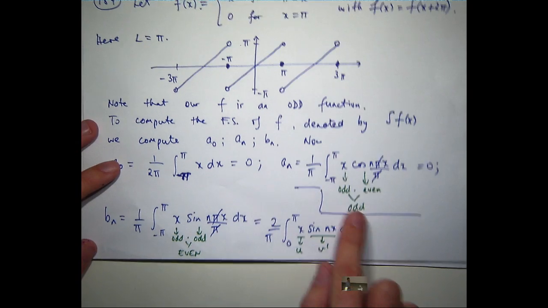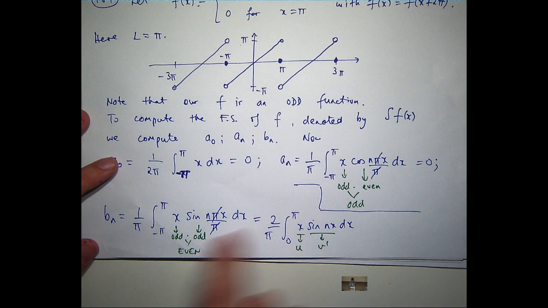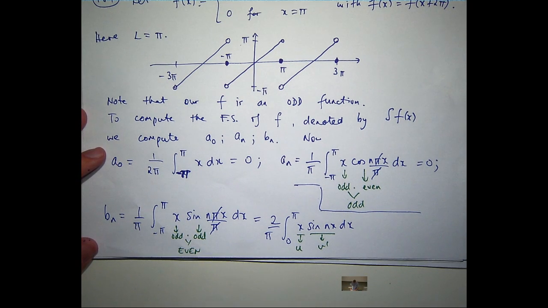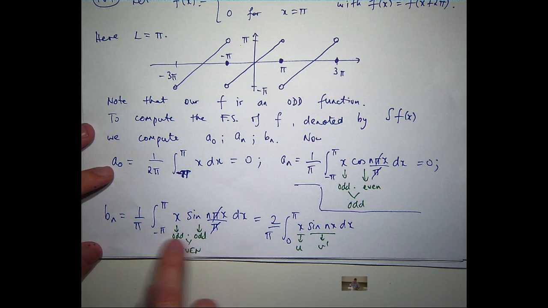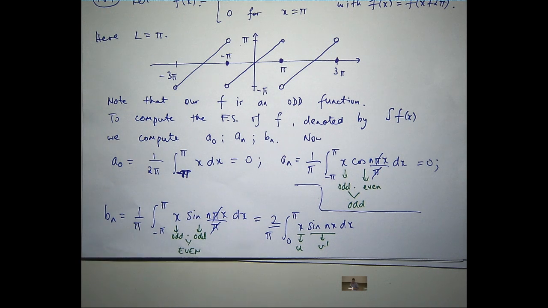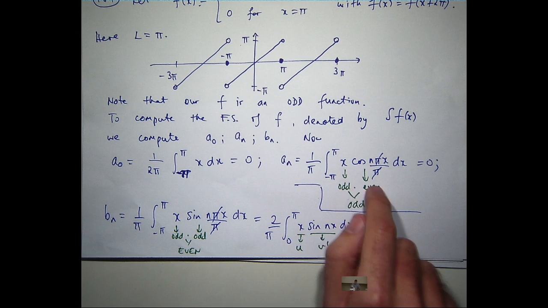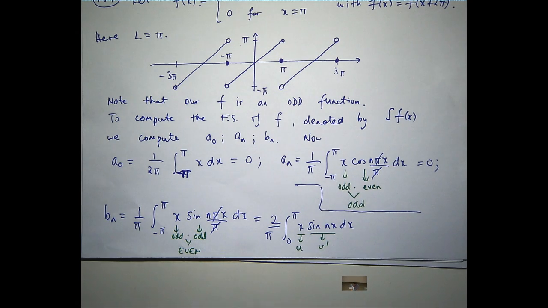Now, here I've got odd times even equals odd, odd times odd equals even. What about an even times an even function? What would that give you? Even, right. So the way I remember it, if you've got the same type of function multiplied together, it always gives you an even function. Anything else gives you an odd function. Say if you've got a mixed product, it's an odd function. Okay?